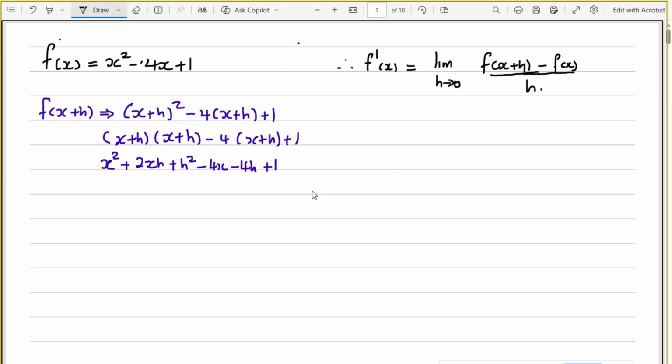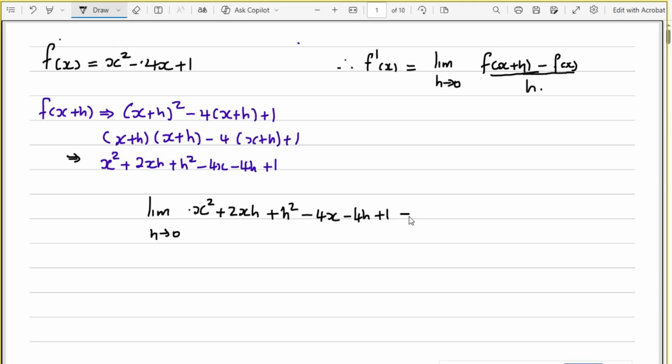Yes. Okay, let's quickly do that. We know that the limit as h approaches 0. My f(x plus h), I'm going to sub in this, which is x squared plus 2xh plus h squared, and then I'm going to rewrite that part there.